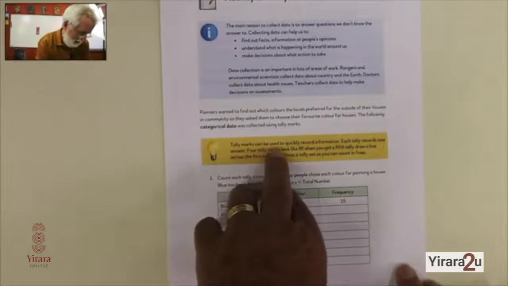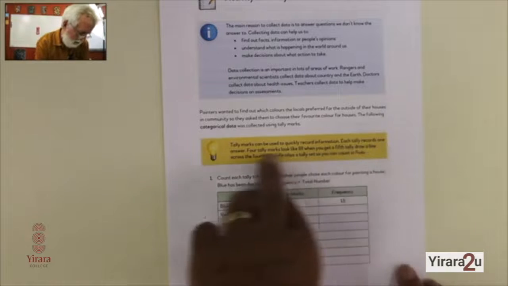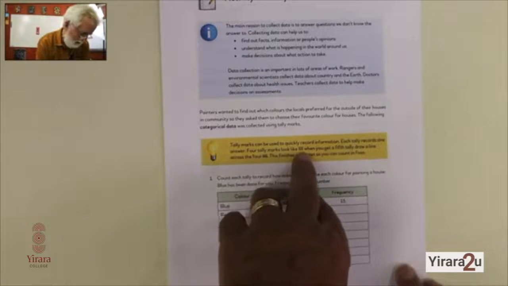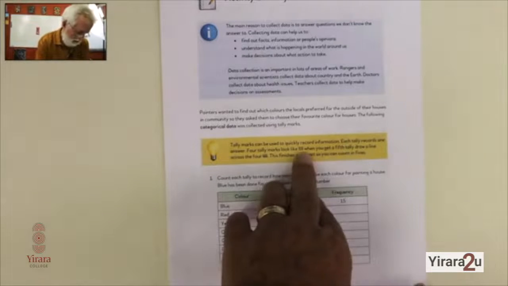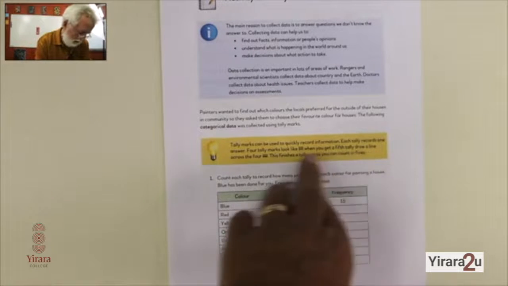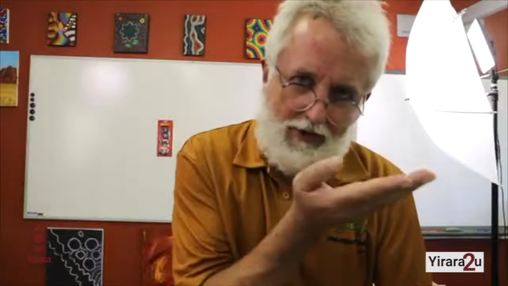Tally marks can be used to quickly record information. Each tally records one answer. 4 tally marks look like 4 strokes. When you get a 5th tally, you draw a line across the 4. So it's down 1, 2, 3, 4, and then across for number 5.